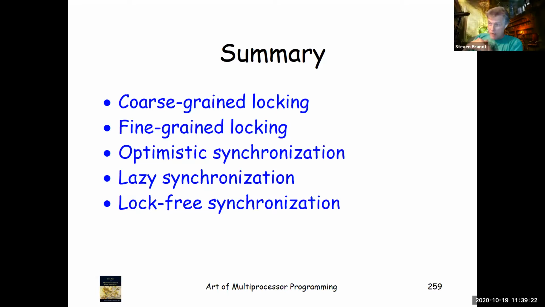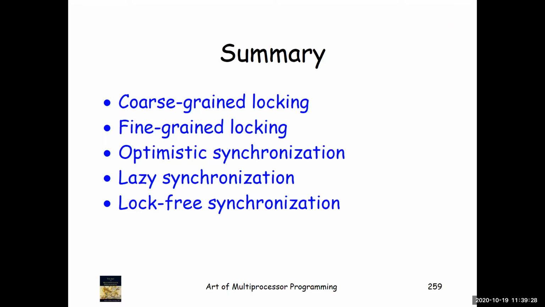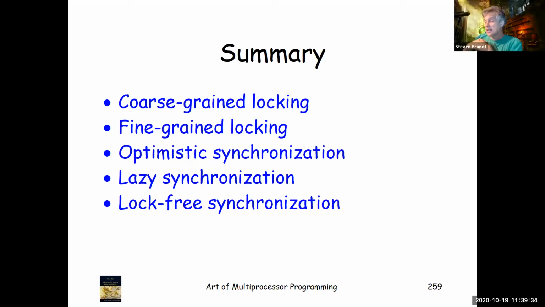And why might optimistic synchronization not do as well? If you get into contention between threads that are both trying to acquire nodes near each other. It's attempting to get fewer locks. Why might it still be slower? What is it doing that fine-grained doesn't do?